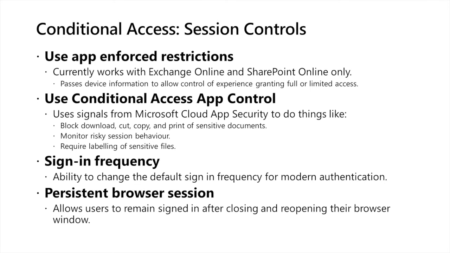So, for example, if they're in an unapproved location, you can block downloads to the app. You can say no cut, copy and paste is allowed. No screenshots are allowed to be taken. And it monitors risky behavior. You can also monitor things like sign-in frequency as well. And you can have things like persistent browser sessions, which I'll talk about in a moment.